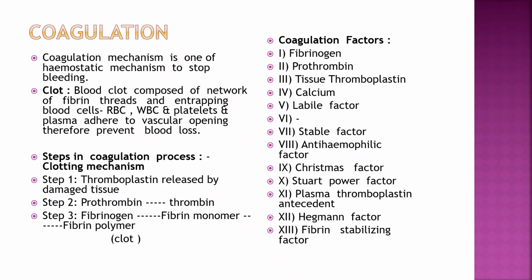So these are the total 13 factors involved in the coagulation process for the clotting of the blood and to stop the bleeding when the blood is oozing from the blood vessel, so that there should not be more blood loss.